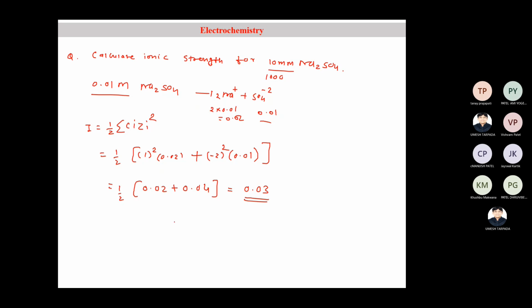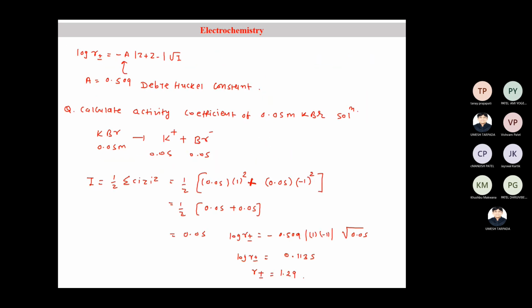The value of the Debye constant A in this equation is 0.509, or you can say 0.51, molar raised to 1/2 at 298 Kelvin temperature. So this is about the Debye limiting law. I think this is the end of this electrochemistry chapter. Thank you very much.